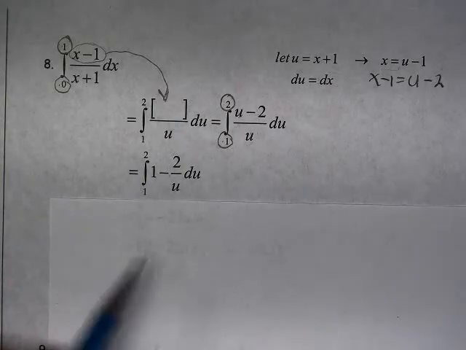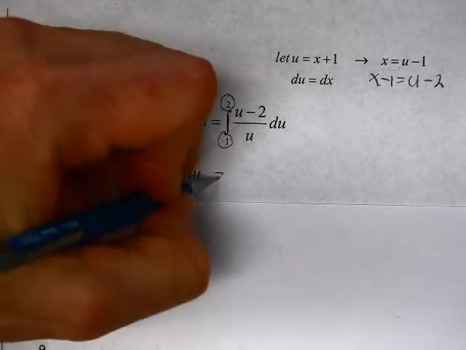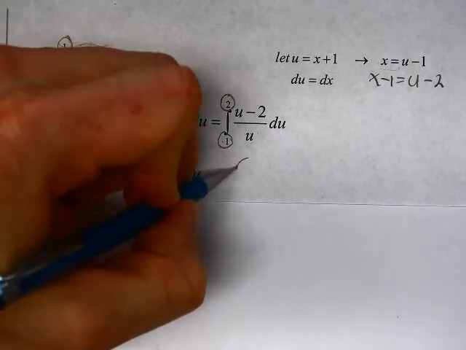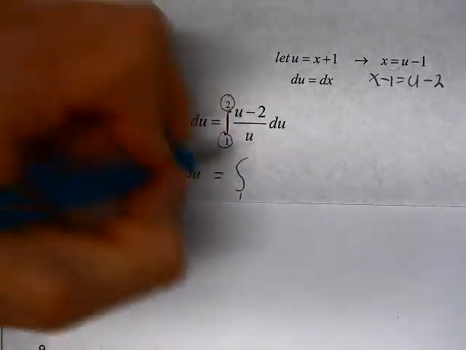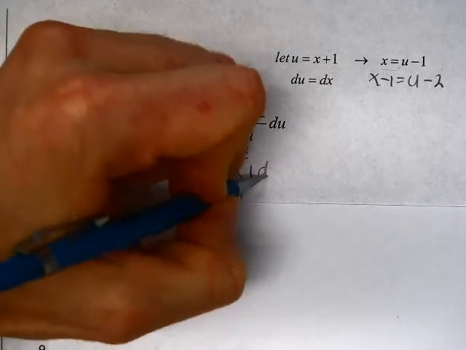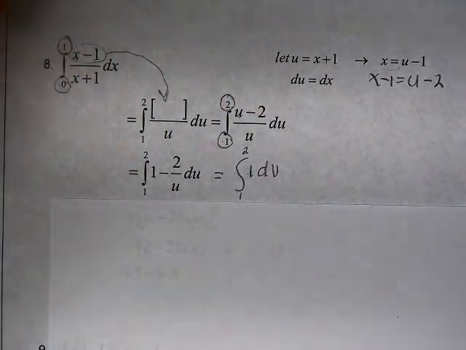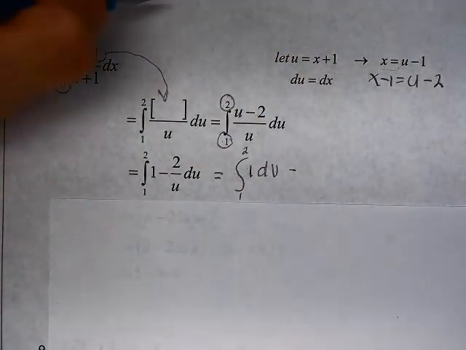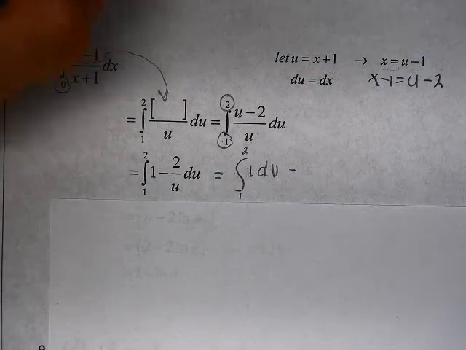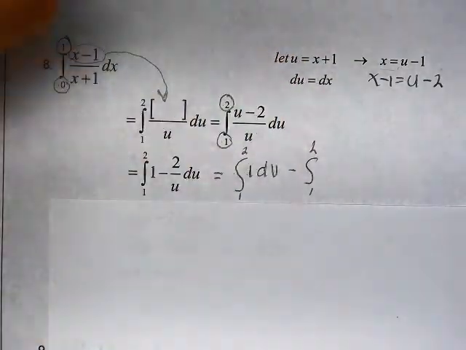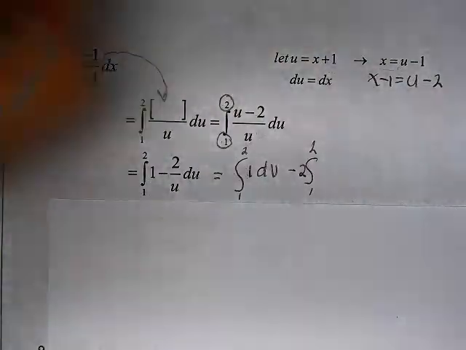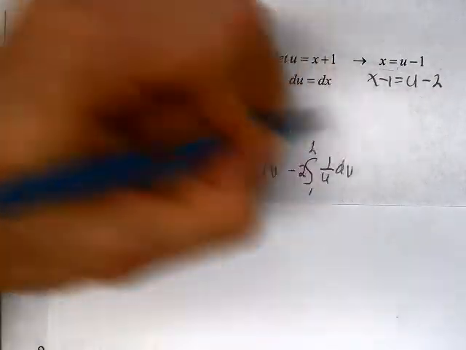The reason I want to do that is because now I have a nice simple integral from 1 to 2 of 1 du minus the integral from 1 to 2 with a coefficient of 2, and this just becomes 1 over u du.